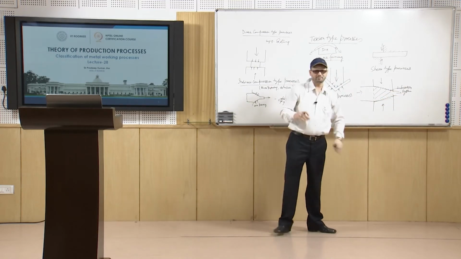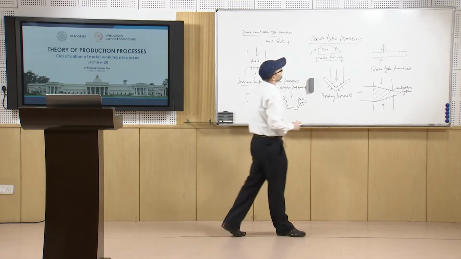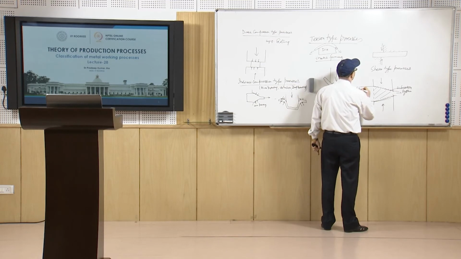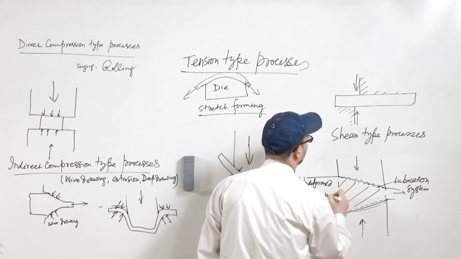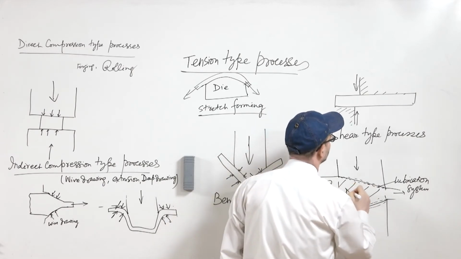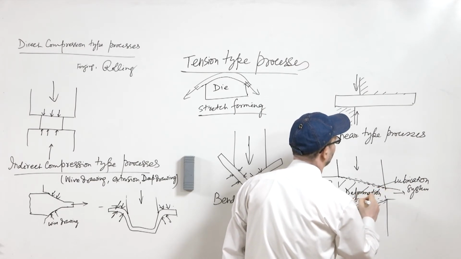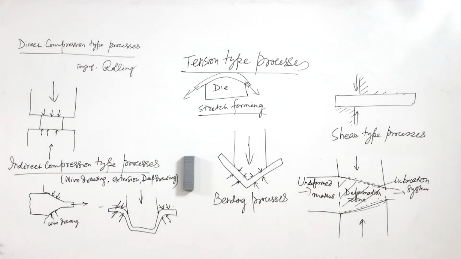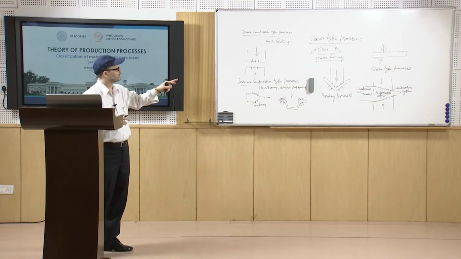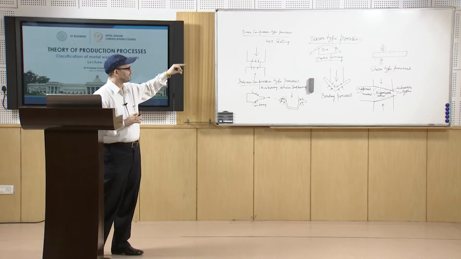This is the basic principle of some operations like rolling operations. From this side, this is your undeformed material, then this is the deformation zone, and then this is the deformed material which is going out. So these are known as the deformation zone. You have friction acting there, and in this system you have the tool and die.